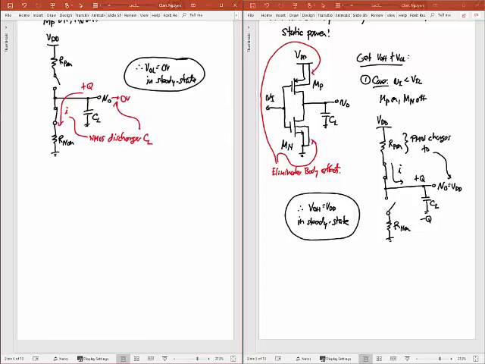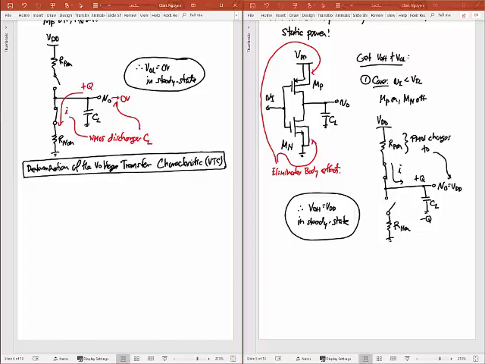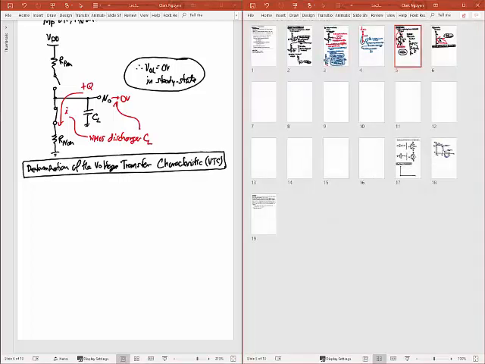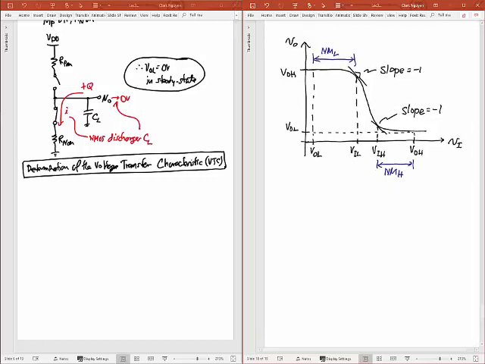We want the determination of the voltage transfer characteristic, or VTC, something you've measured before in lab, but for op amps. And so we want to determine that thing that I've been pointing at this whole time. We want to determine this.